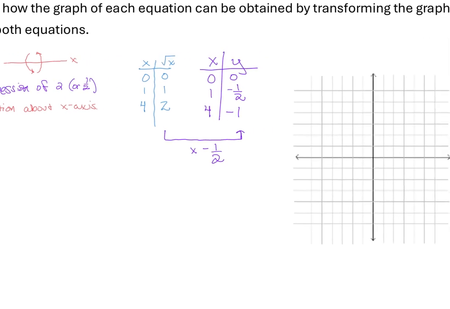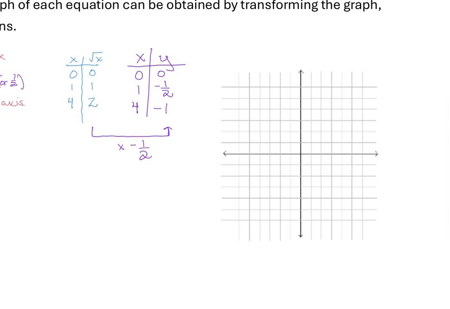All right, so now let's go ahead and graph this. We're going to start with our original function, which was (0, 0), (1, 1), and (4, 2). We graph our new function, we get (0, 0), (1, -1/2), and (4, -1).